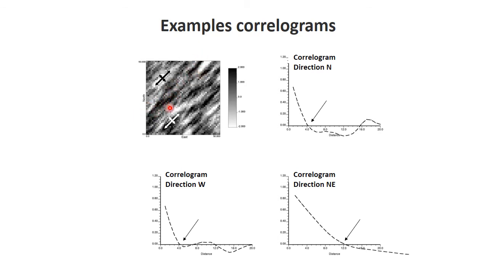The size of these black and white bodies is much longer in this direction than in that direction. That translates into a correlation length of 12 here, which is larger than in any other direction. For example, north is 4, west is 4, etc. And that is what we call anisotropy. So anisotropy is basically the variation of the correlation length with direction.